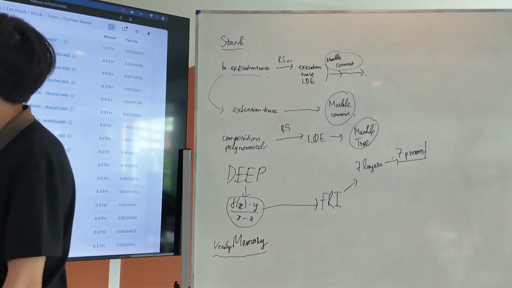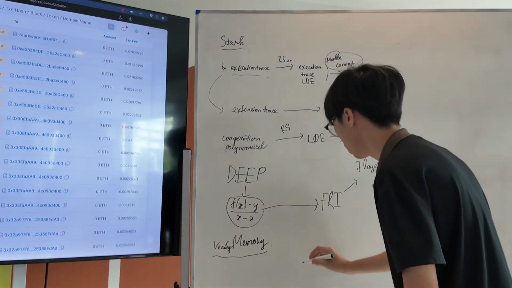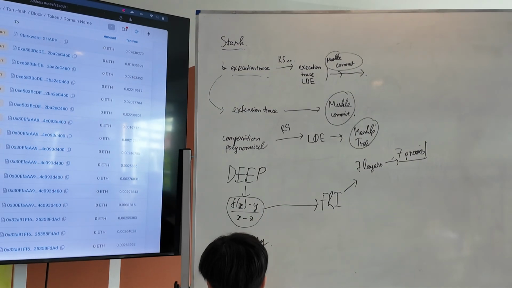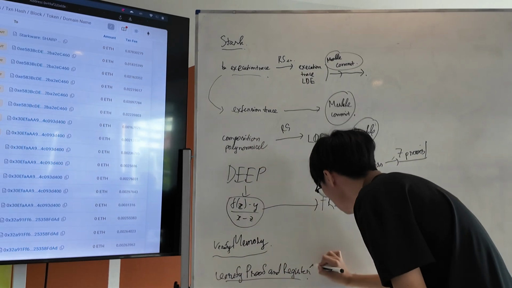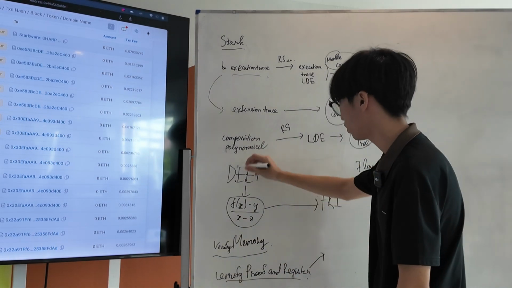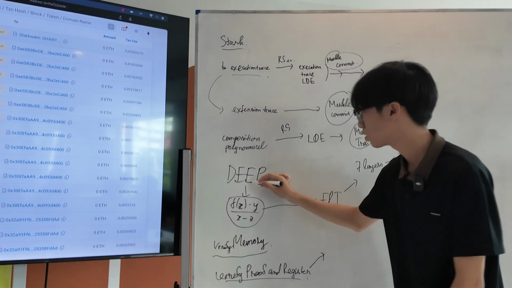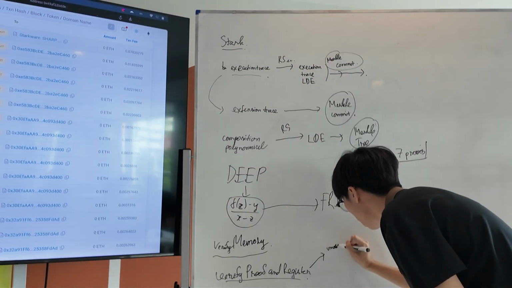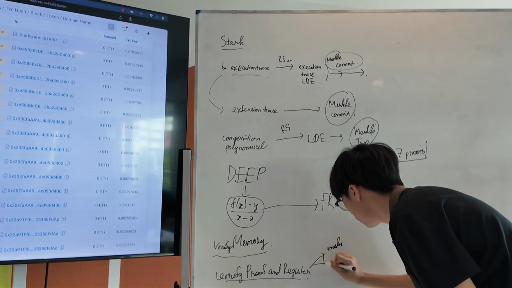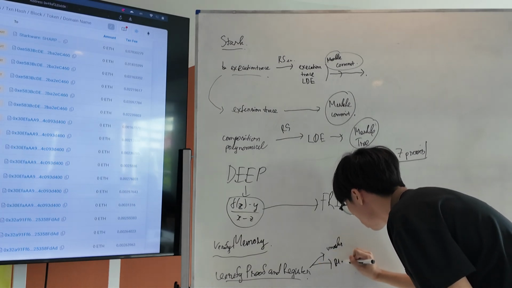And finally, the verify proof and register. Here we need to send the proof that we use the DEEP method correctly. I mean we need to send some mask and some proof, Merkle proof.